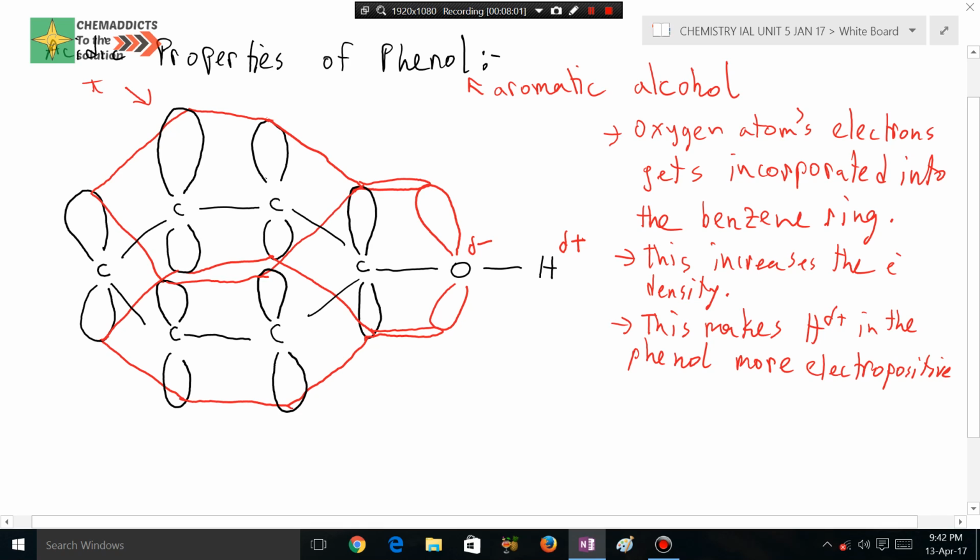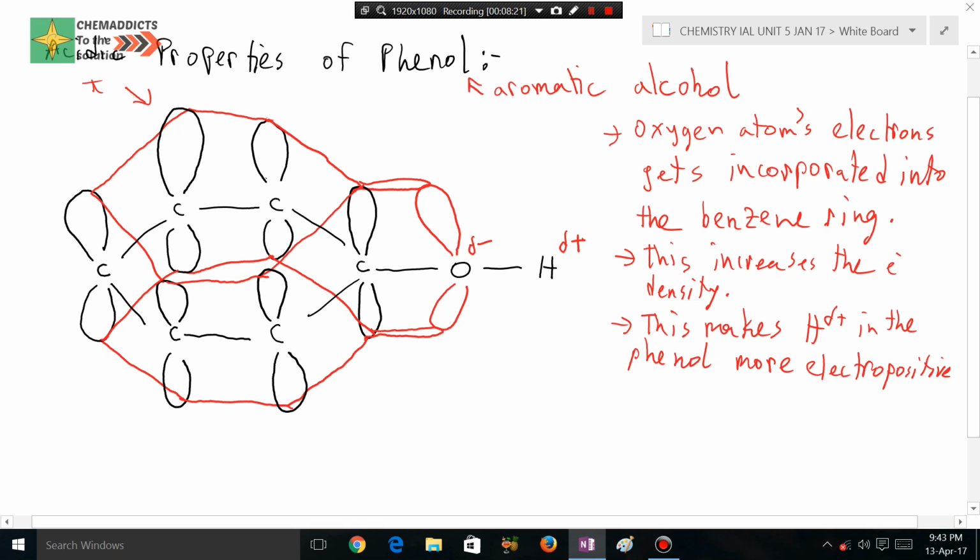Since the benzene ring pulls the lone pair of electrons from the oxygen atom, this causes the hydrogen atom to be more electropositive, since it is alone right now. It has no electron pair.